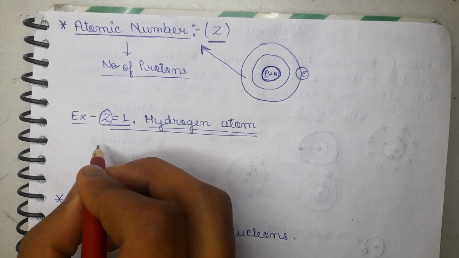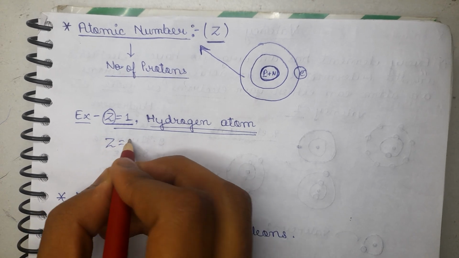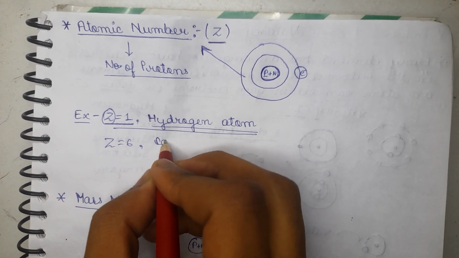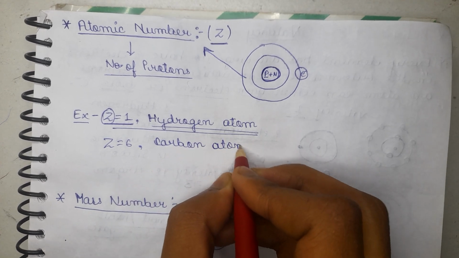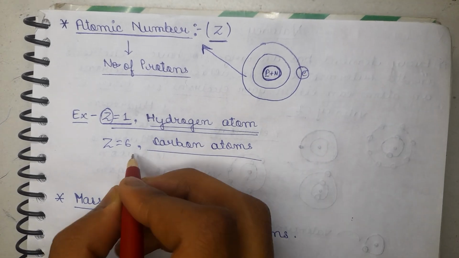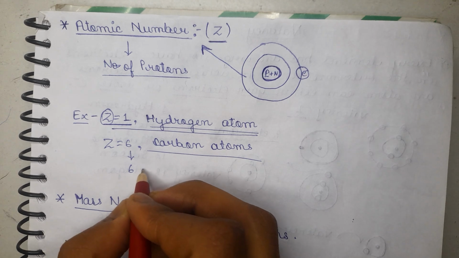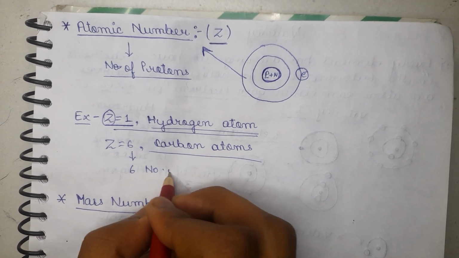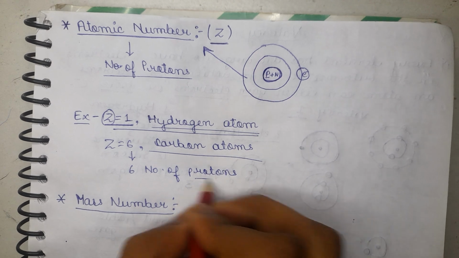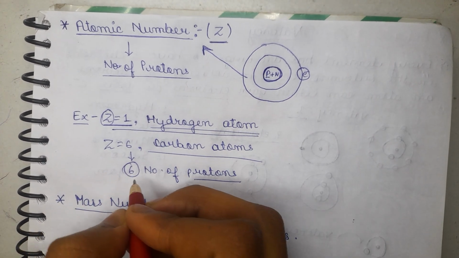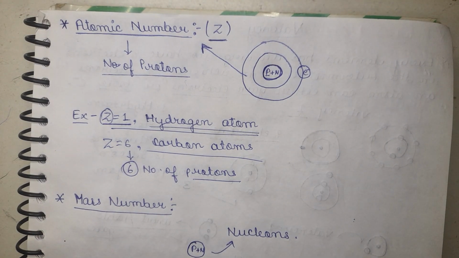Now if we take another example, the atomic number is 6 for the carbon atom. That also means the number of protons present in a carbon atom is 6. That is the atomic number.